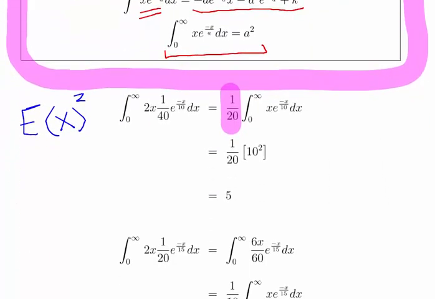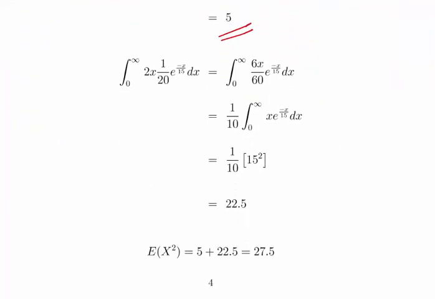Alright. So that ends up as, using that identity, we can state this directly as 10 squared. So 1 over 20 times 10 squared is 100 divided by 20. That is equal to 5. Okay, same thing here.